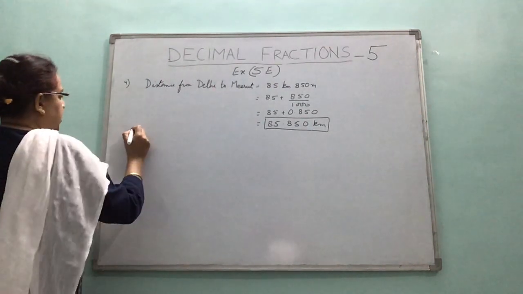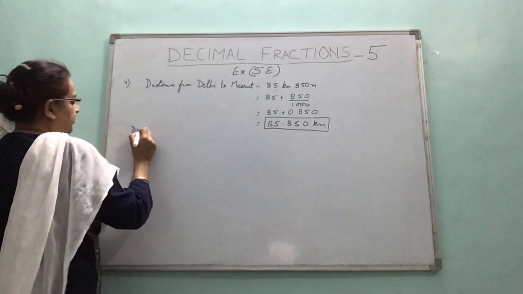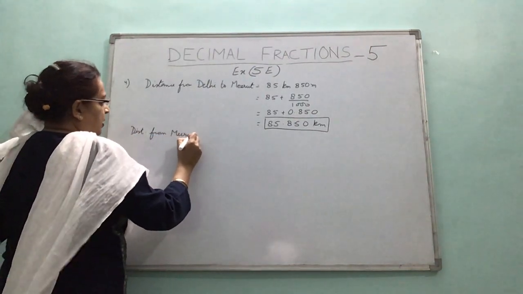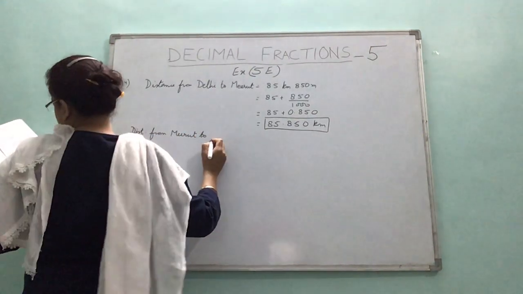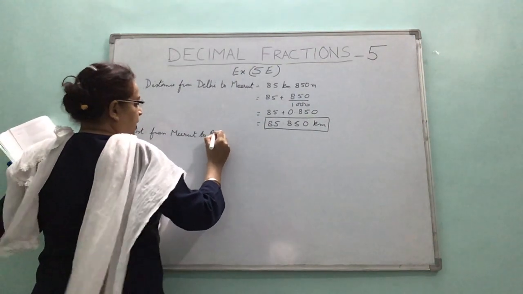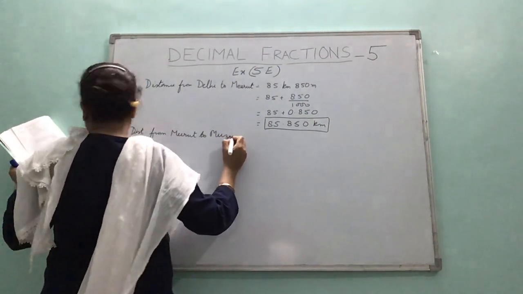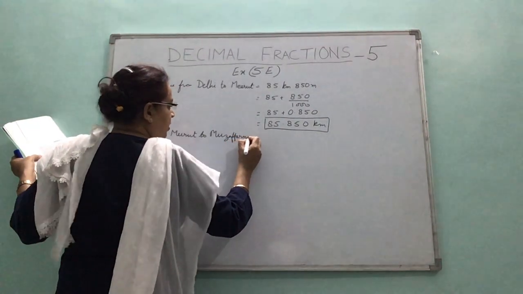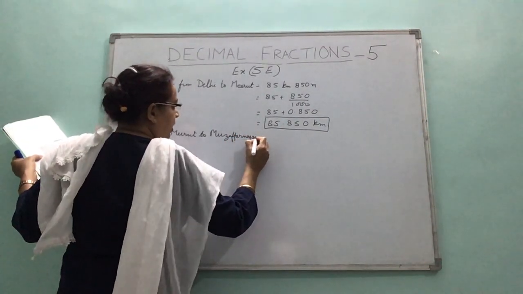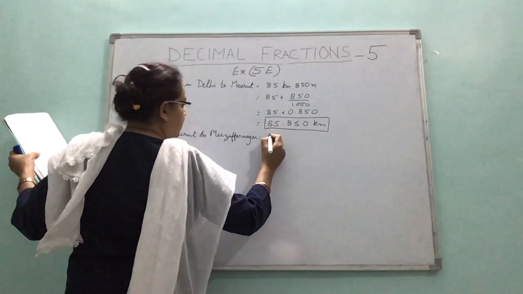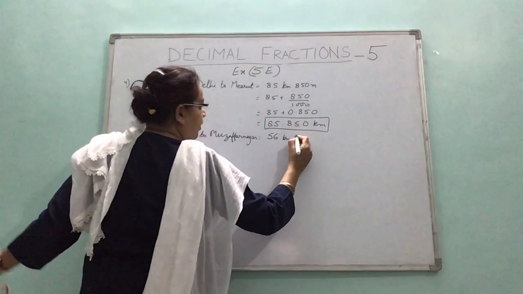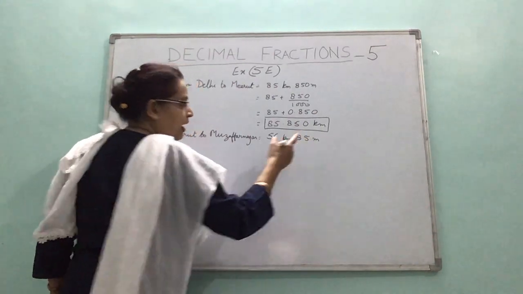Then distance from Meerut to Muzaffarnagar. I am not writing the full one. Alright, let me write. Muzaffarnagar is 56 kilometer, 85 meter. Warning, 85 meter.